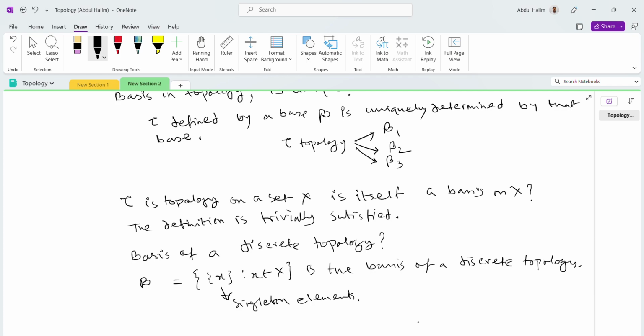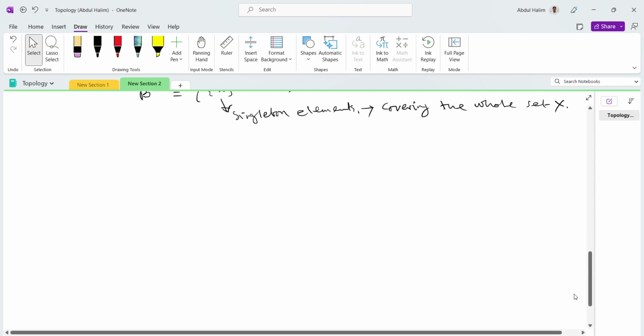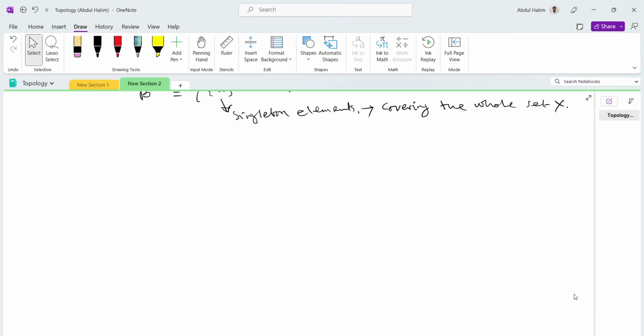These are singleton elements, covering the whole set X. Take the union of them. So in discrete topology, we conclude that every singleton element of the topology is a basis of the topology.